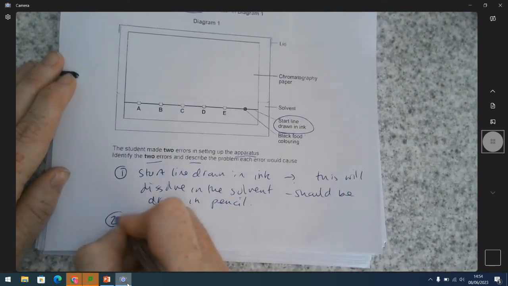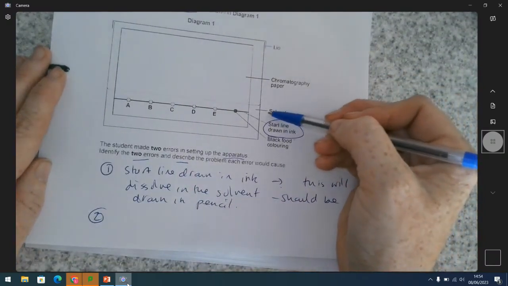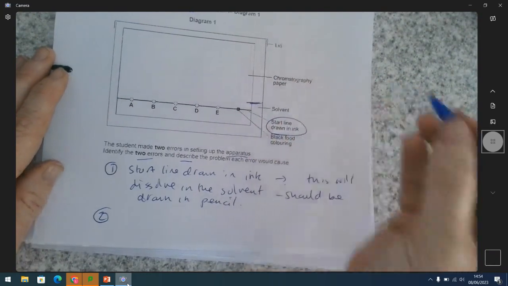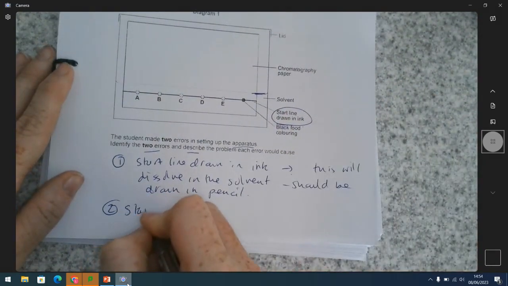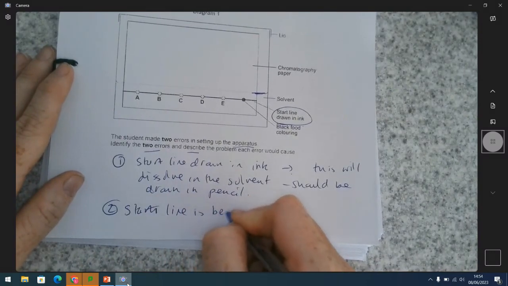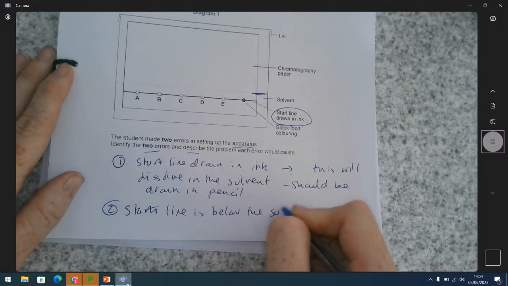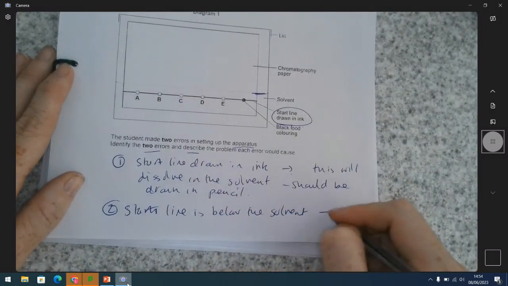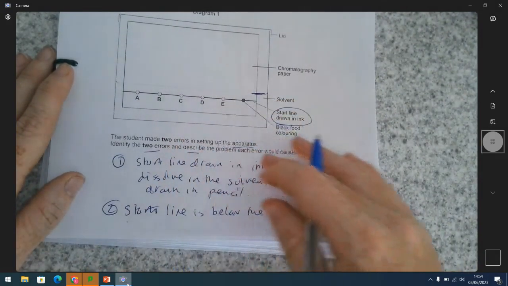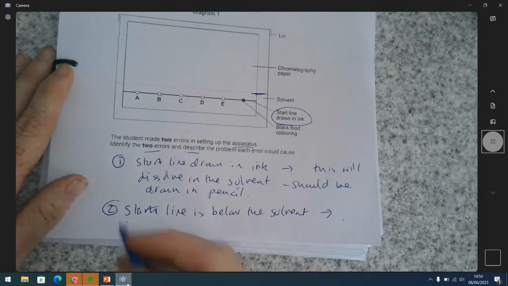Okay, and the second one, well, we can see the solvent is actually here and the start line is below the solvent. So start line is below the solvent, which means, in fact, the inks will dissolve into the solvent.